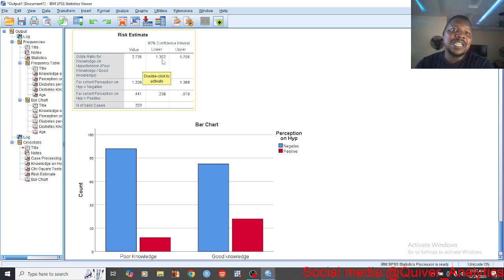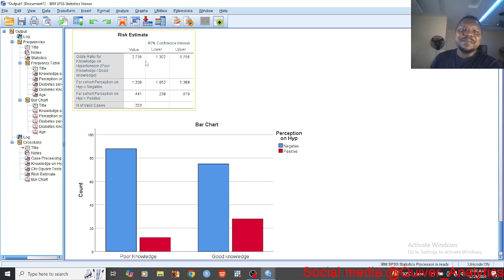That means the least it can be is 1.3 and the highest it can be is 5.7. So people with poor knowledge on hypertension are 2.7 times more likely to have negative perception of hypertension.